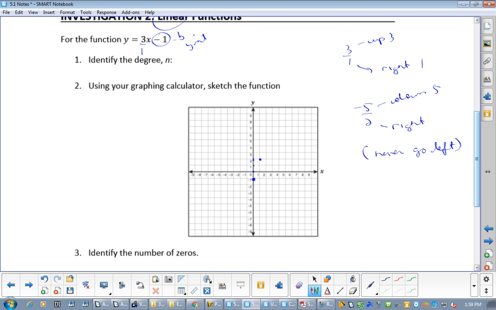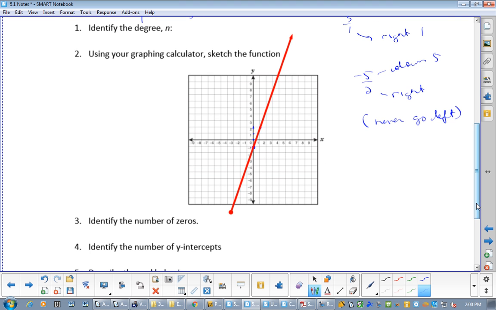So now that I have 2 points, which is all you need to draw a line, that is my line right there. Number of zeros, how many? What are zeros? X-ints, how many? There's 1.